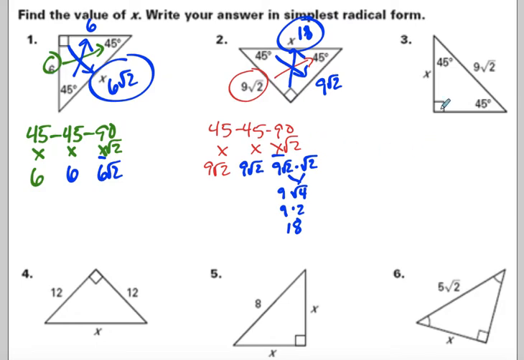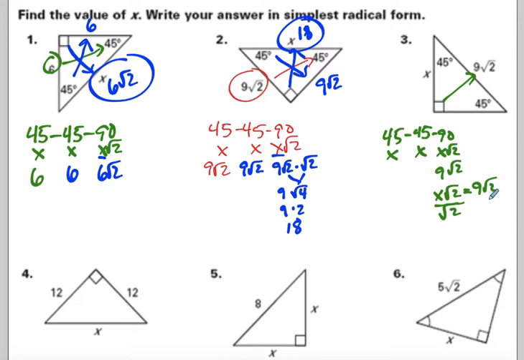For number 3 here, they gave us the number across from the 90. That's our hypotenuse. And so when we plug this into the rule, we have our rule of x root 2, and the 90 is the 9 root 2. And so this means that x root 2 is equal to 9 root 2. And to solve for x here, we're going to divide by root 2. Just like I said on the previous picture, if you have the hypotenuse to get the leg, you're just going to divide by root 2.